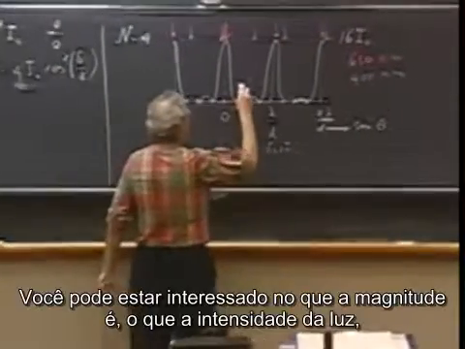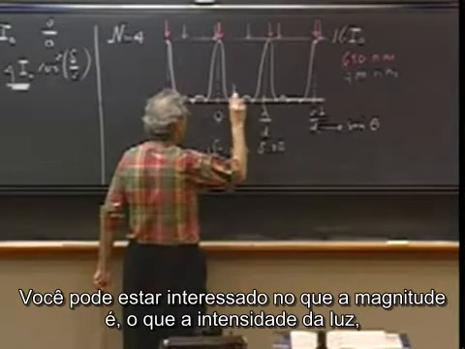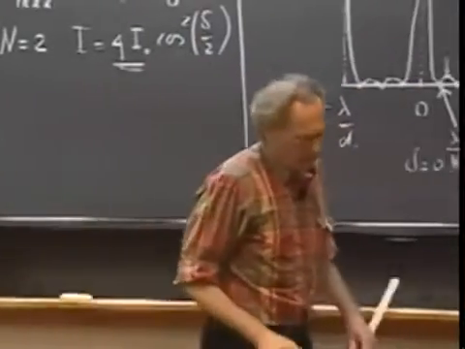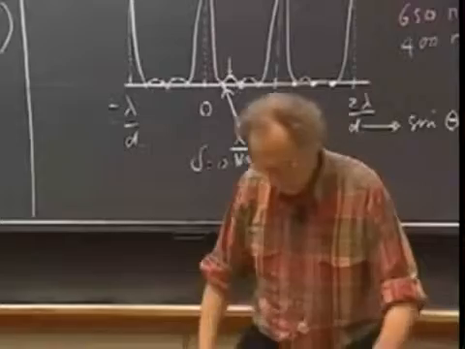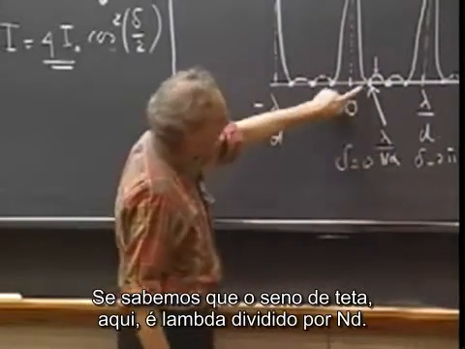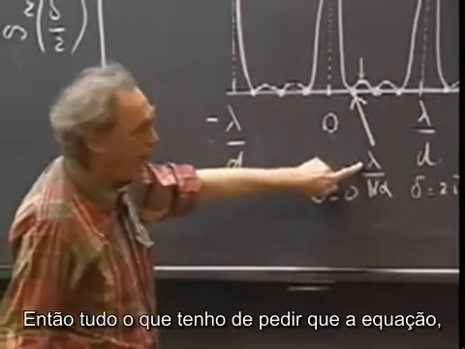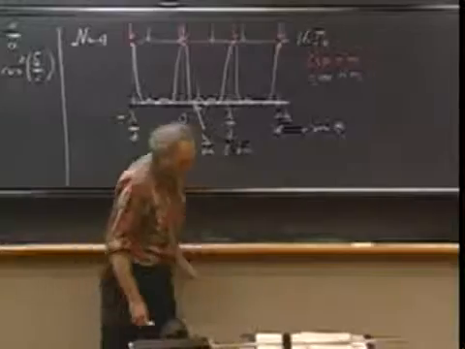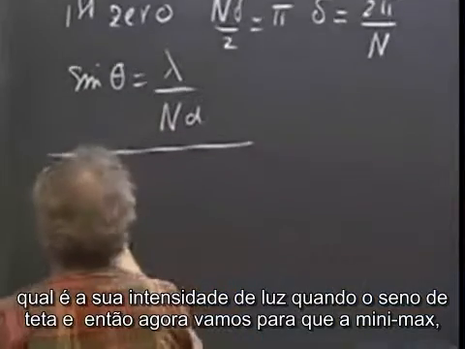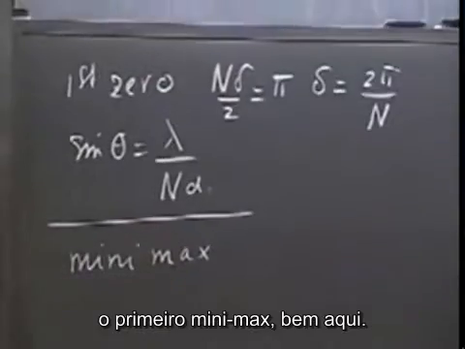You may be interested in what the magnitude is, what the light intensity, I should say, is of this little mini-maxima. Well, that is very easy to calculate. If we know that the sine of theta here is lambda divided by nd, and we know that here it is twice that much, then all I have to ask that equation is, what is your light intensity when we go to that mini-maximum, the first one right here?